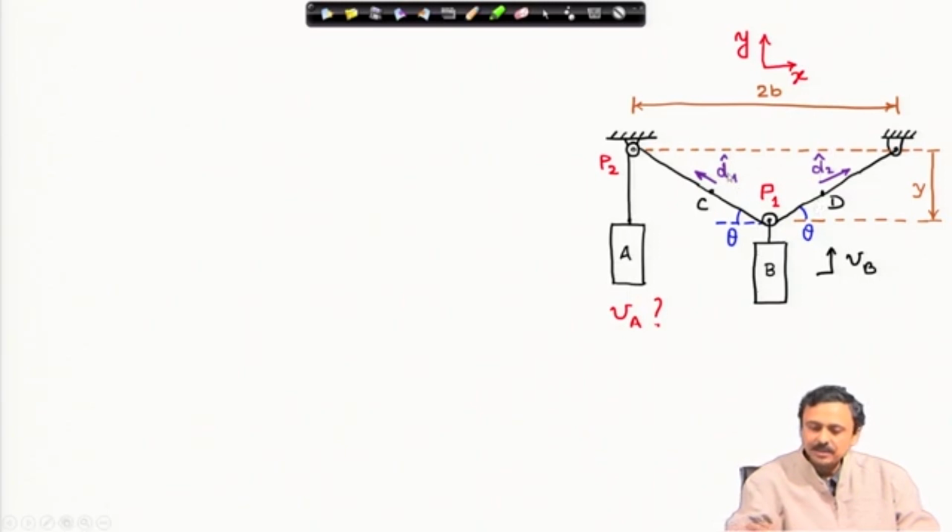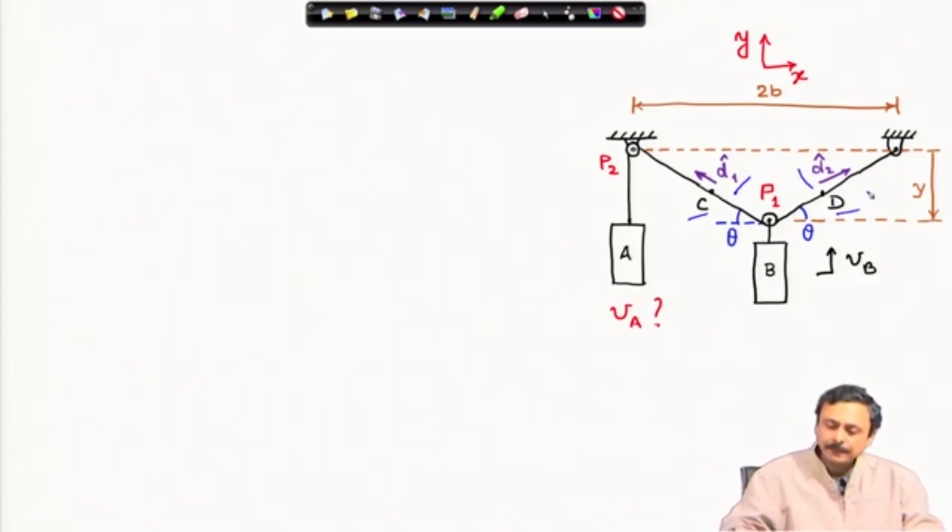I have marked the unit vector directions D1 and D2 in the direction of the string, and I have considered these 2 points C and D on the 2 spans of the string. Notice that this angle I have marked as theta, which I will eventually find in terms of B and Y.